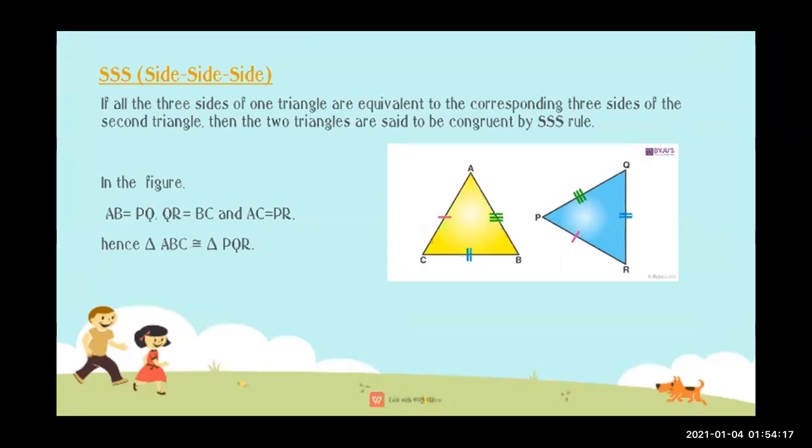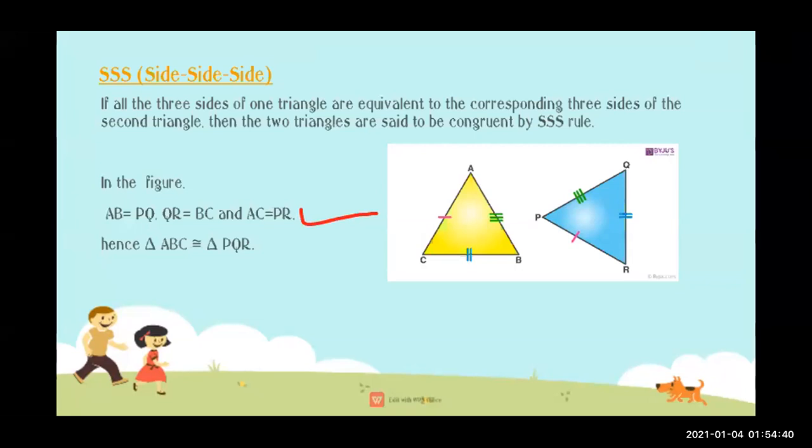So if the 3 sides are congruent, that is called the side, side, side test. In the figure, AB is equal to PQ, QR is equal to BC, and AC is equal to PR. So that means triangle ABC is congruent to triangle PQR.